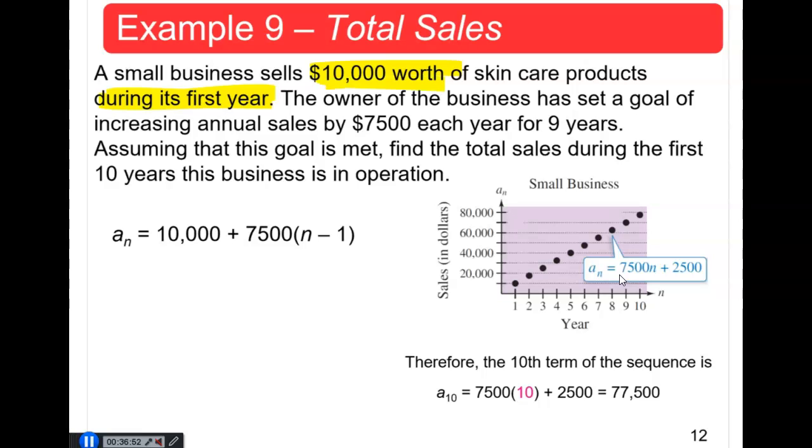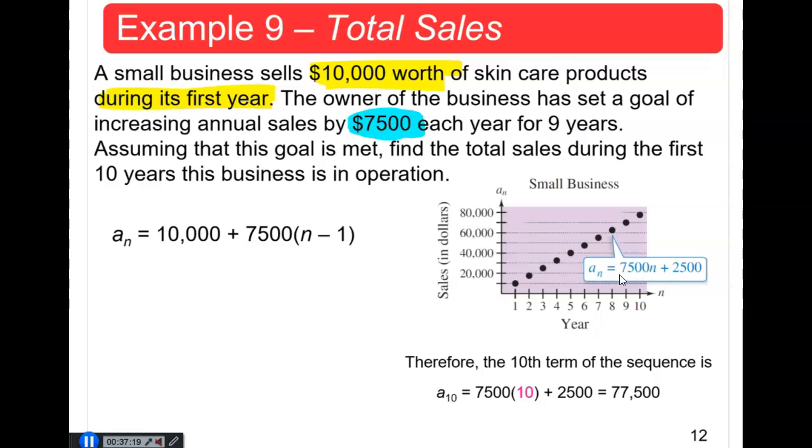The owner of the business has set a goal of increasing annual sales by $7,500 each year for 9 years. So the owner wants to increase, meaning add, the sales by that much each year.